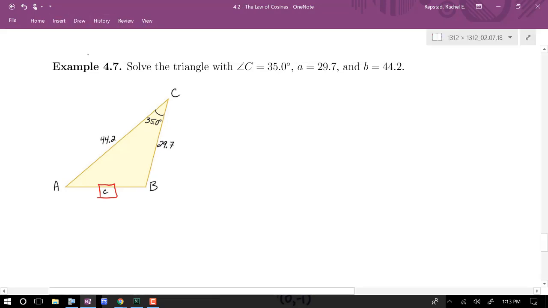The law of cosines says c squared equals a squared plus b squared, the one that starts out looking like Pythagoras, but then you subtract off 2ab times cosine of C.